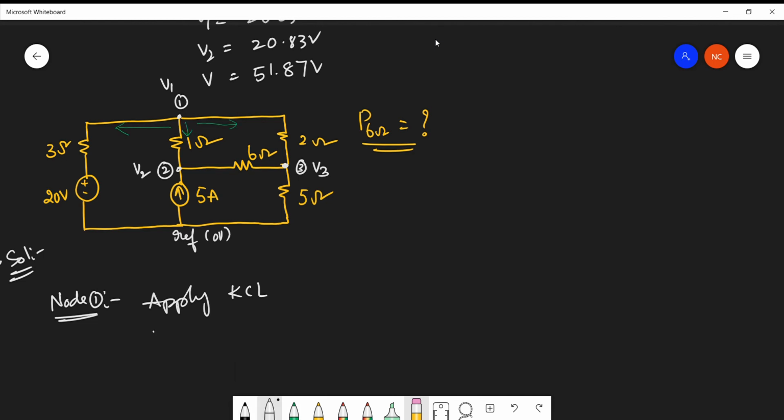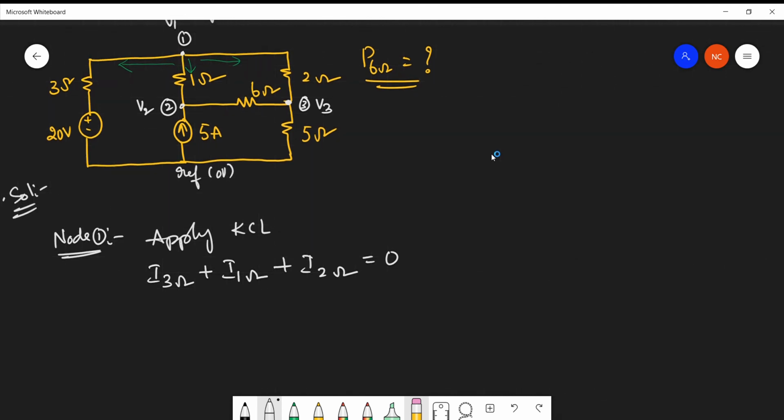Now the current passing through 3 ohm plus the current passing through 1 ohm plus the current passing through 2 ohm, no entering currents, so equal to 0. What is the current passing through the 3 ohm resistor? This is (V1 minus 20) by 3 plus, this 1 ohm is connected between node 1 and node 2, so (V1 minus V2) by 1 plus the current passing through the 2 ohm resistor, (V1 minus V3) by 2, equal to 0.